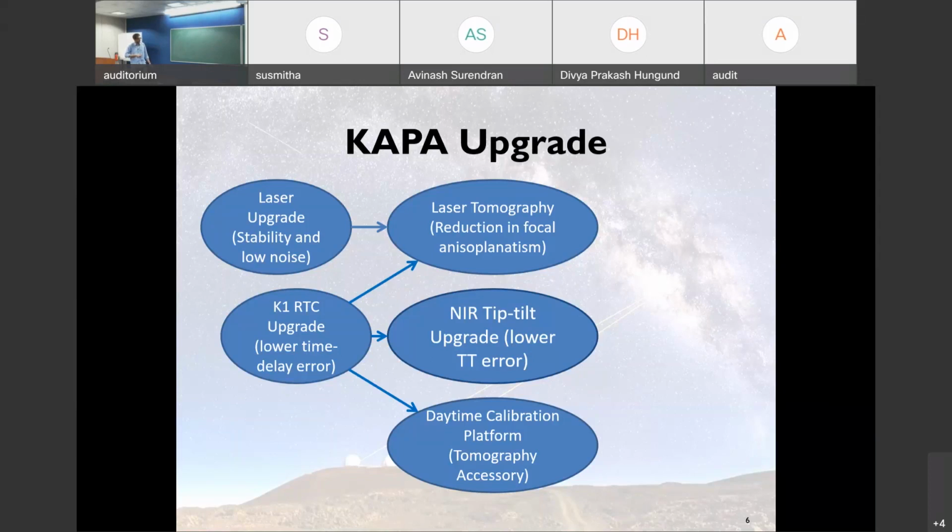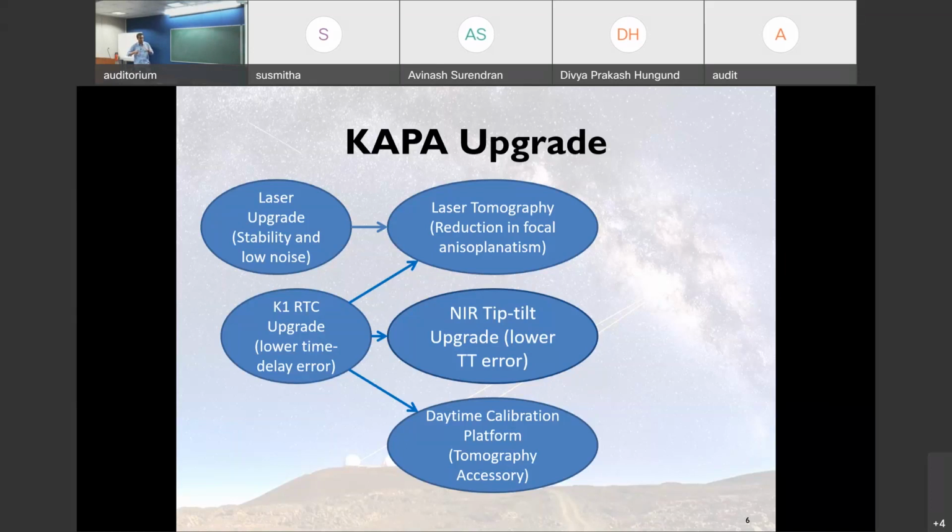This is TRICK, which I was talking about, and this daytime calibration platform goes hand in hand with laser tomography, because the AO correction is a little more complex. As I said, you have to reconstruct the area between the lasers, and that is very model based.